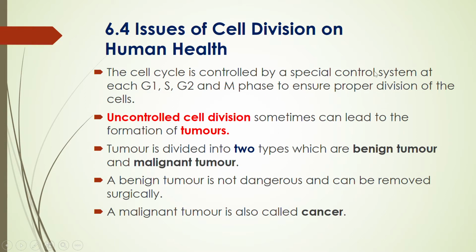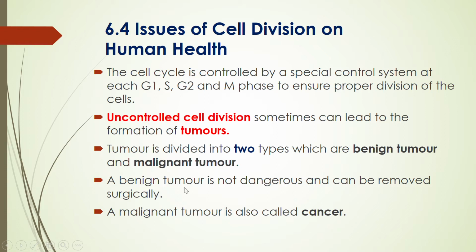So if cell division is without control, everything in life must have control, right? If cell division is without control, something goes wrong, maybe with the signal of the control system or the cell cycle. So what happens? This may lead to formation of tumors. There are two types of tumors, benign and malignant.